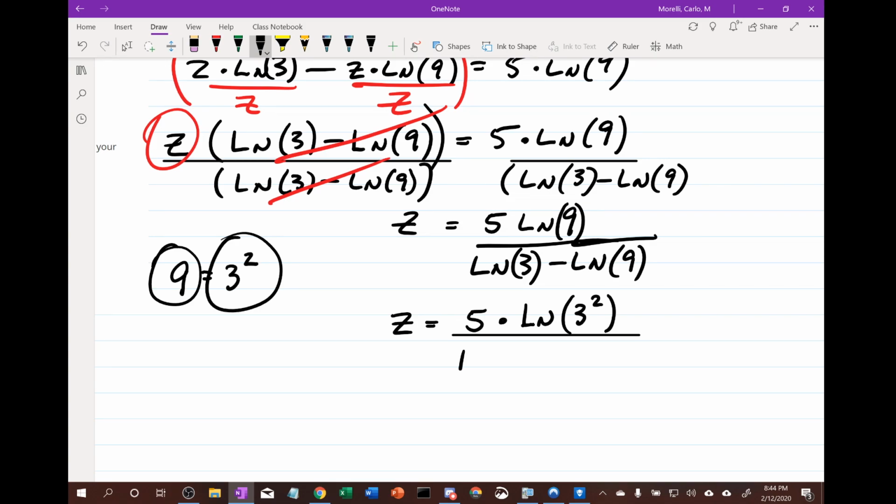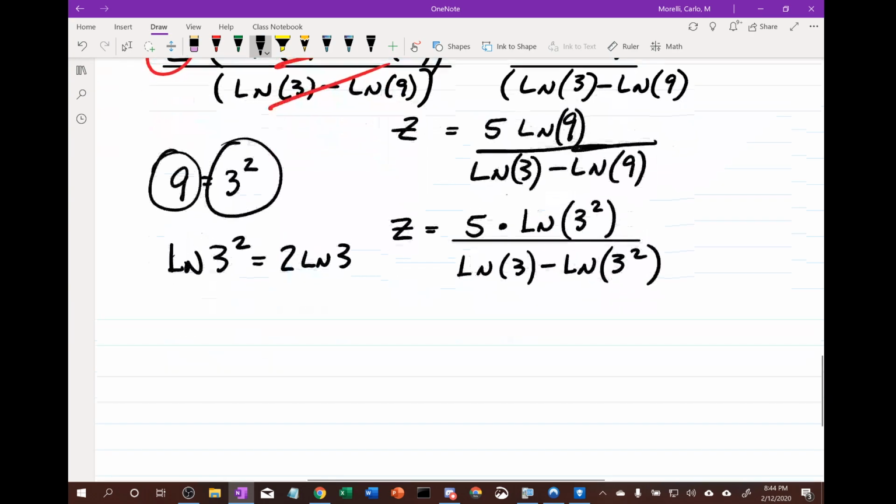And that's ln of 3 minus ln of 3 squared. Well, remember, if I have ln of 3 squared, that's equal to 2 times the ln of 3. So let's do that everywhere we see ln of 3 squared.